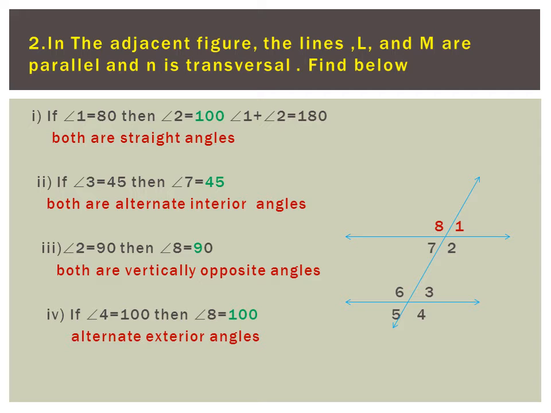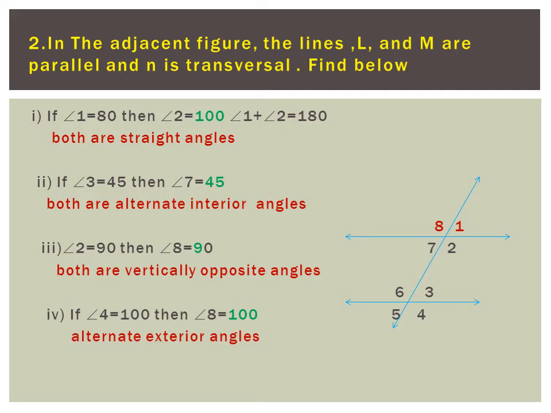Next, if angle 3 is equal to 45, then what about angle 7? Angle 7 is also 45, because both are alternate interior angles. If two lines are parallel, then the alternate interior angles are equal. Next, if angle 2 is equal to 90, then what about angle 8?